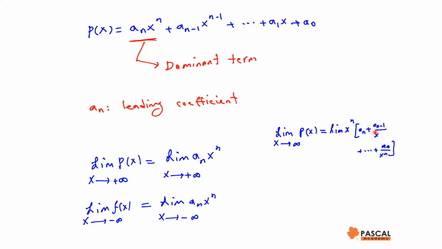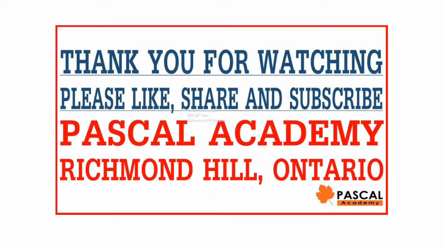As x approaches infinity, limit of a_(n-1) over x is 0. Limit of a_(n-2) over x^2 is also 0. Similarly, limit of a_0 over x^n is 0. This means limit of p(x) as x approaches infinity and limit of a_n x^n as x approaches infinity are equal.